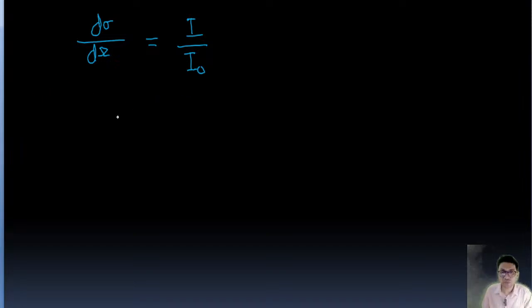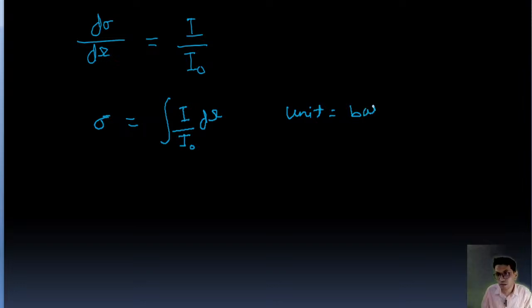From here we can get the value of sigma, that is the integration of I upon I naught d omega, and its unit is barn, and one barn is equal to 10 to the power minus 28 meter square. So this is the value of sigma.